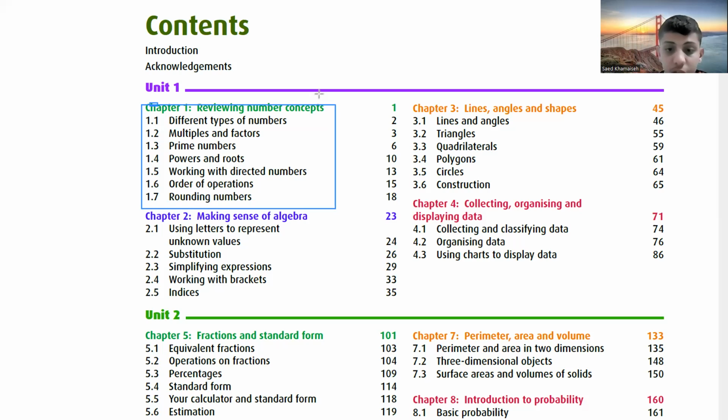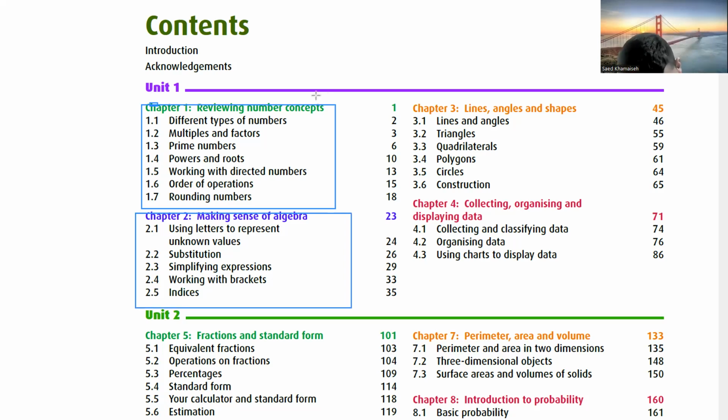The second unit has 6 units. Each unit has 4 chapters. Okay. First chapter, it is about reviewing number concepts. Then chapter 2, making sense of algebra. It is important to know that.